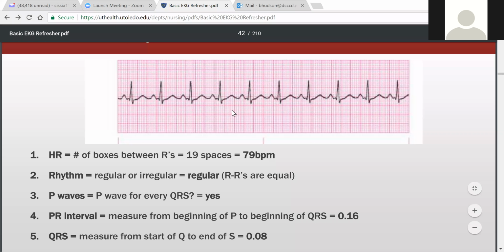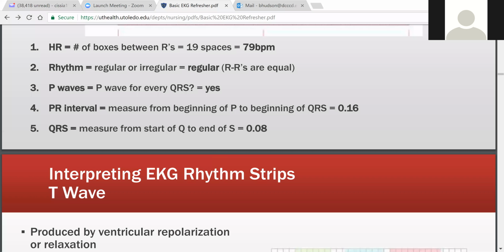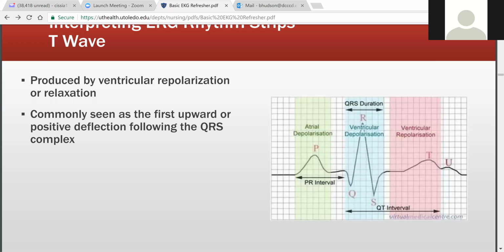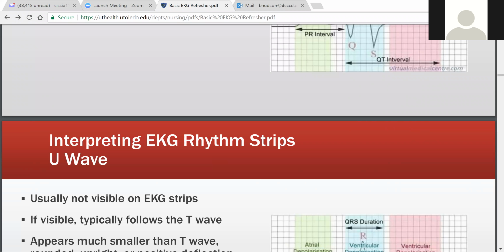The P wave is within normal limits, and so is the QRS. So that would be considered normal sinus rhythm. If there's any abnormalities, like a premature beat of any kind, then that's not normal sinus rhythm. It becomes sinus rhythm, and then you identify the abnormality. Does that make sense? Yes. Okay.